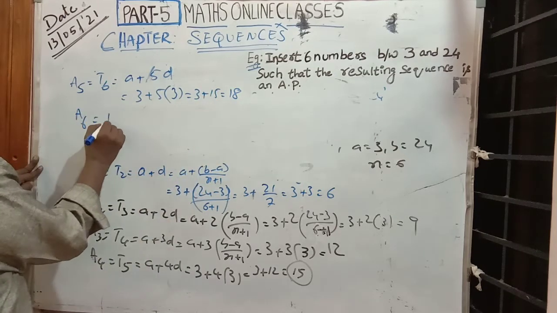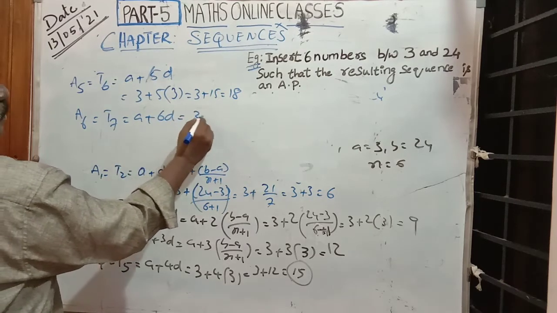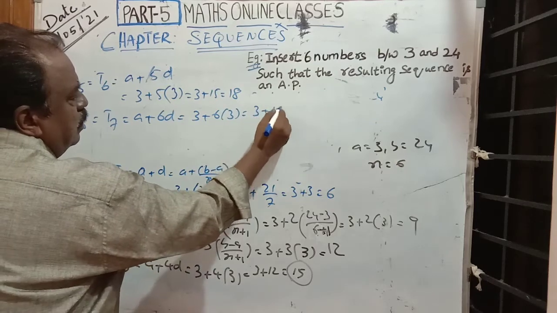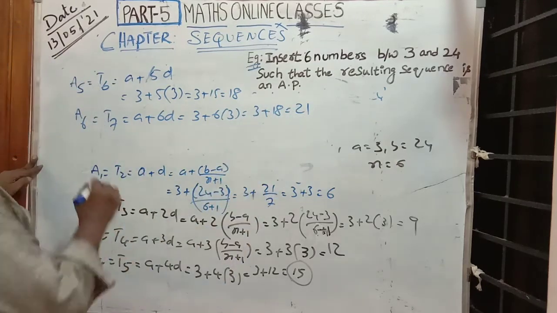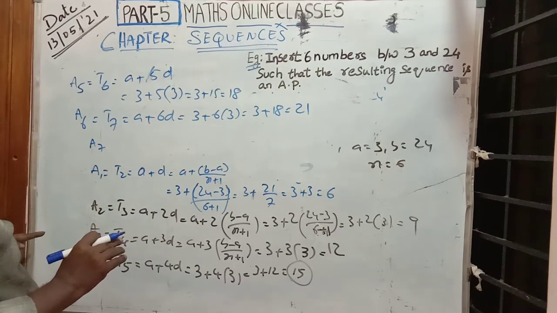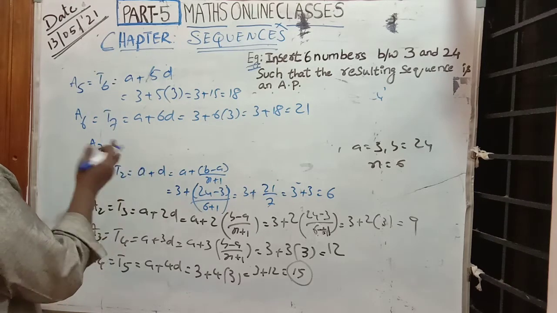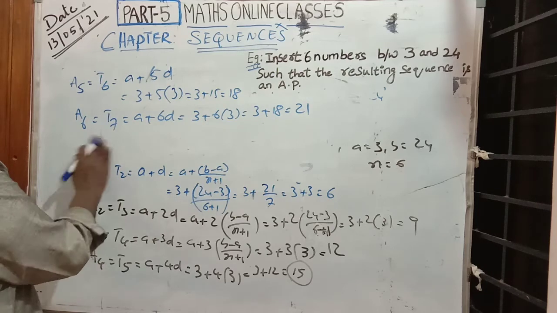Then A6, T7. A plus 6D. 3 plus 6 into 3. It is 3 plus 18. How much? It is 21. A7 is not really there because only 6 numbers are given. A7 means B. B means 24 will come. Don't confuse.